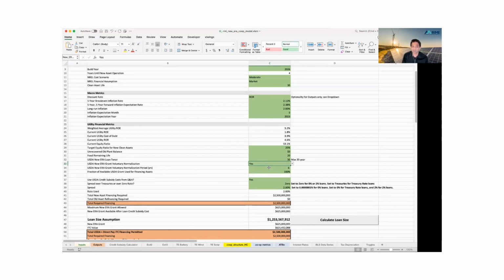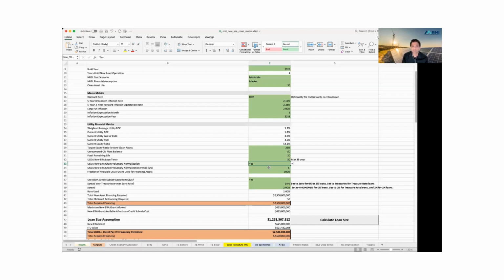You may choose to return that voluntarily over some period of time that may not be the full life of the assets that you may be building with some of the funding from the program. You may instead choose to return it more rapidly to provide benefits upfront to your customers.